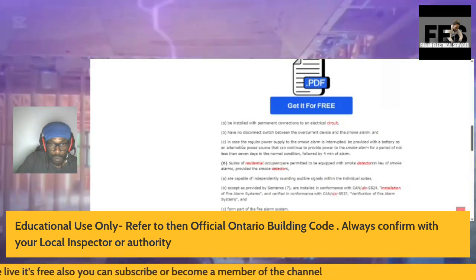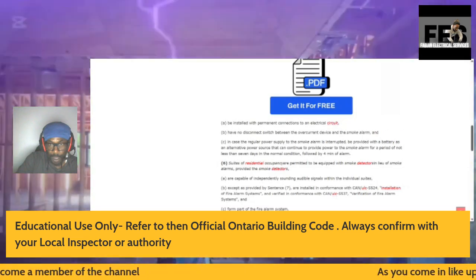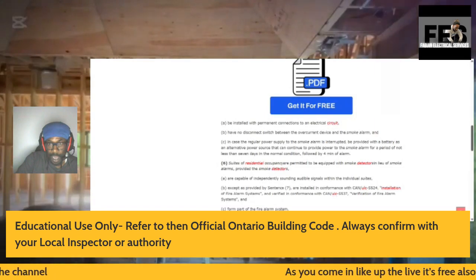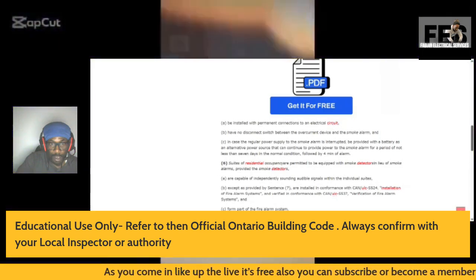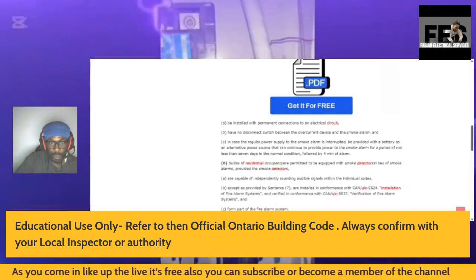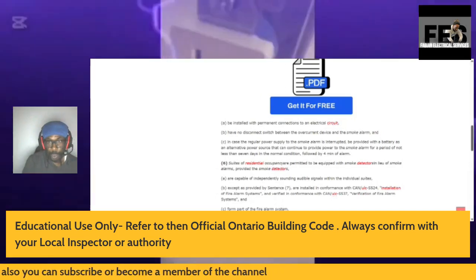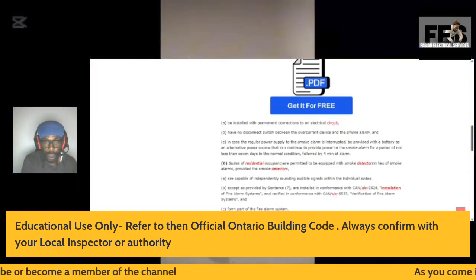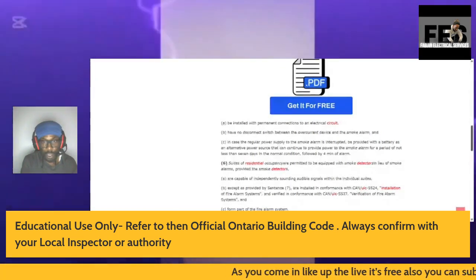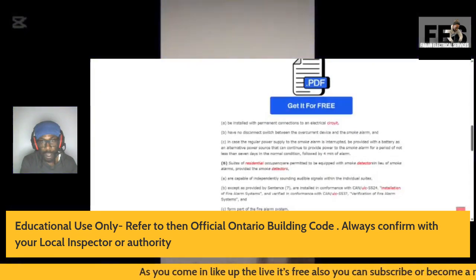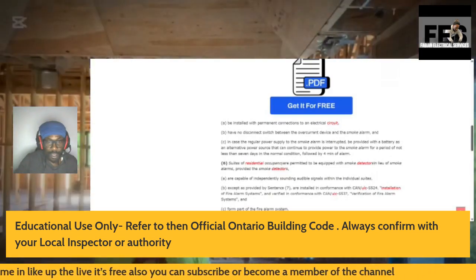So in case of a regular power supply to the smoke alarm is interrupted, be provided with a battery as an alternative power source that can continue to provide power to the smoke alarm for a period of not less than 7 days in the normal condition, followed by a 4 minute alarm.